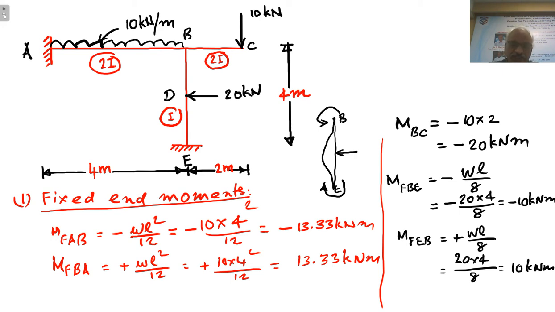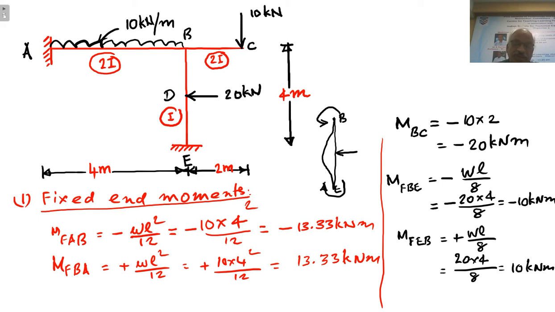So we have to consider only joint B, where there are more than one member. Wherever two members, three members or four members meet, the question of distribution will be there. So here joint B is the only joint which requires distribution.